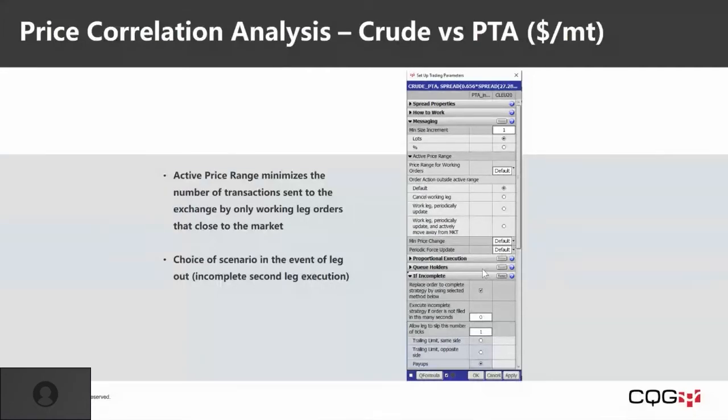Therefore, the system can take over and say, what do we want to do? Do you want to go into this manually and move your price and try and get filled? Or do you want the system to take over and pay up? And how many ticks do you want to pay up? So this is the sort of automation of the closing of that spread.